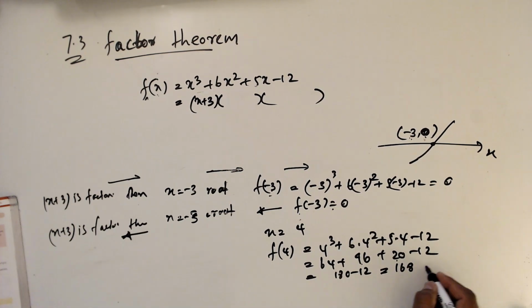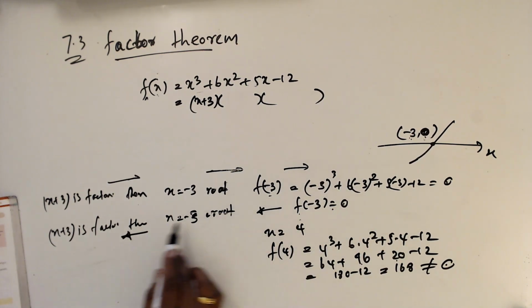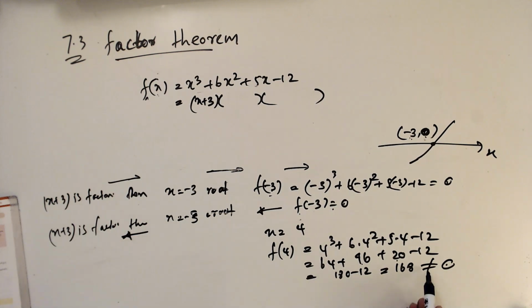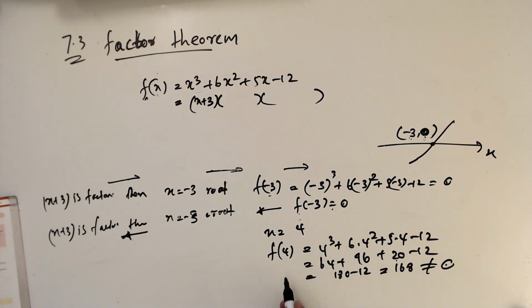Now you see that this is not equal to 0. If it is equal to 0, we can write this is the root. If it is not equal to 0, then f(4), it means when you put x equal 4, we will get 168.